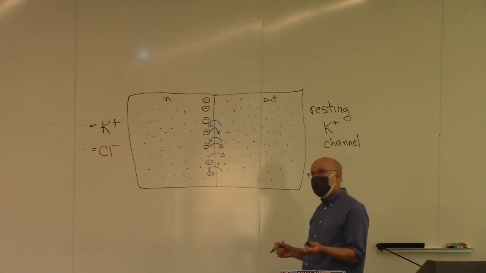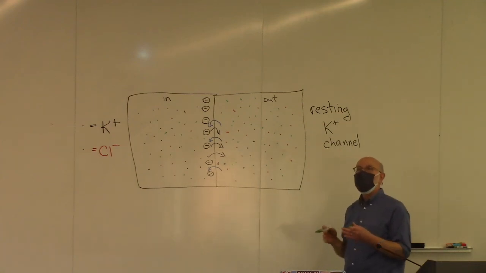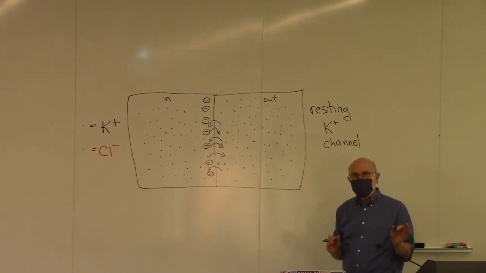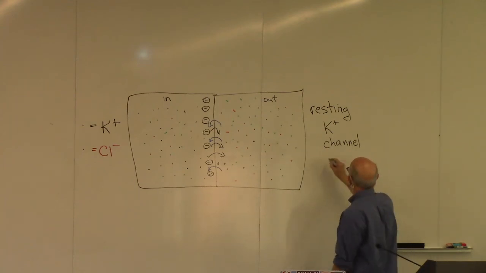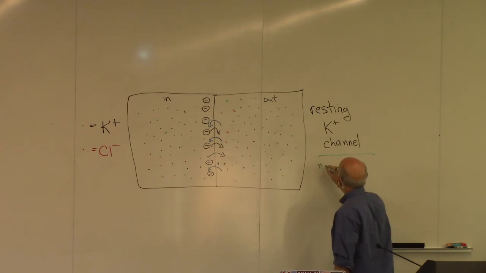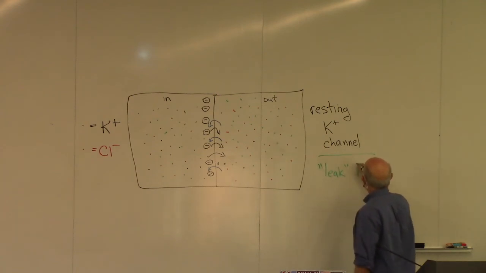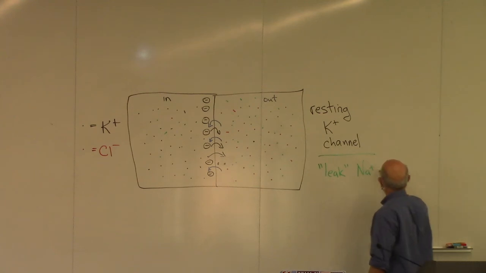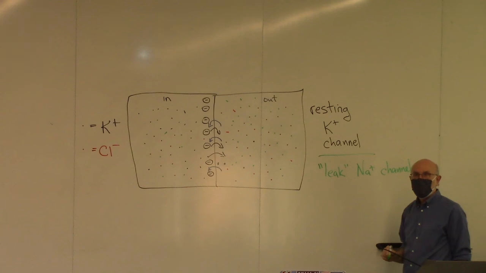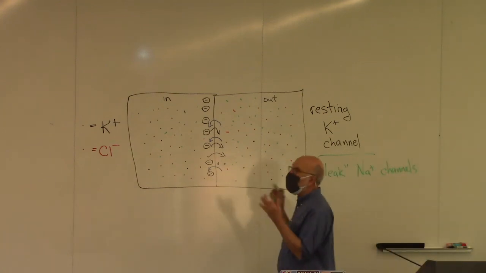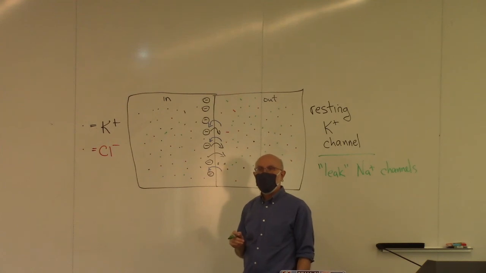At rest, there is low, but not zero, sodium permeability. So we have, in addition to the resting potassium channel, some leak sodium channels. Let's just put one leak sodium channel in here.